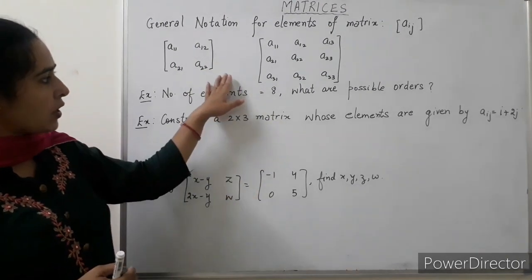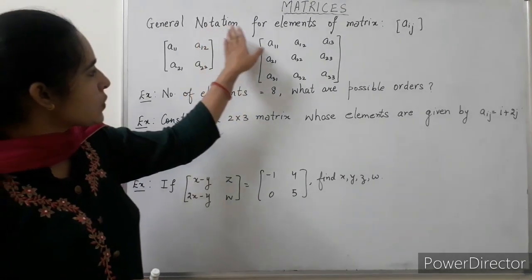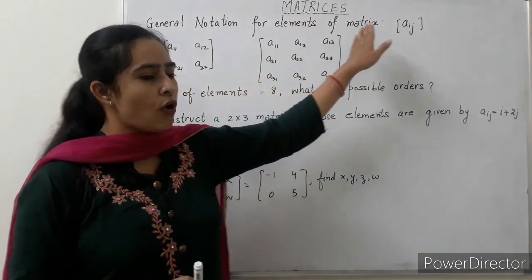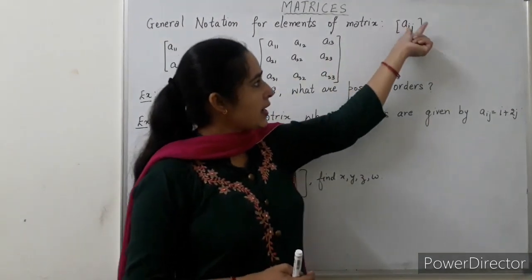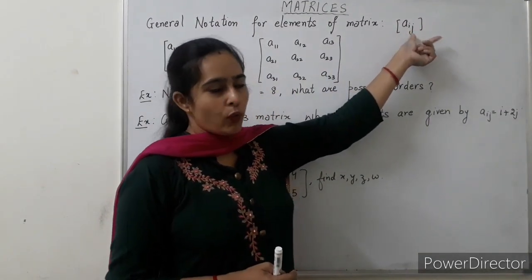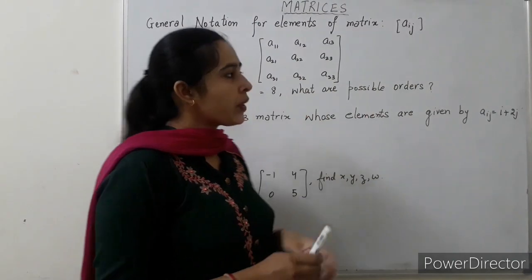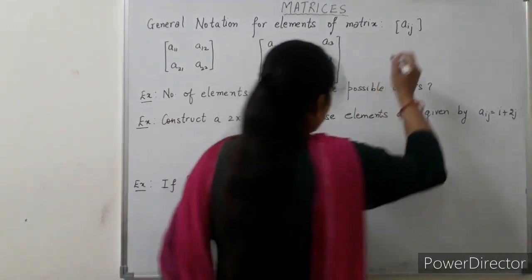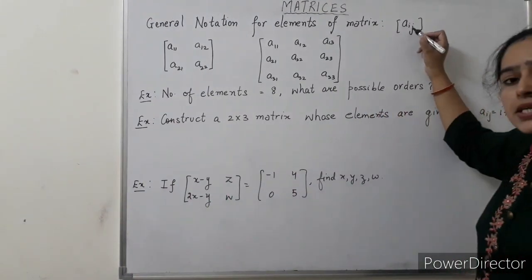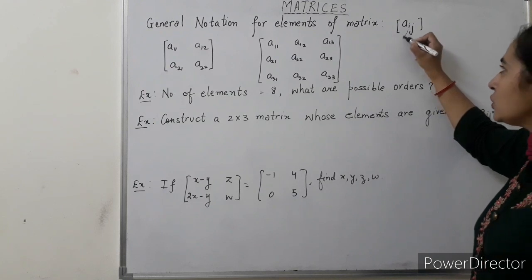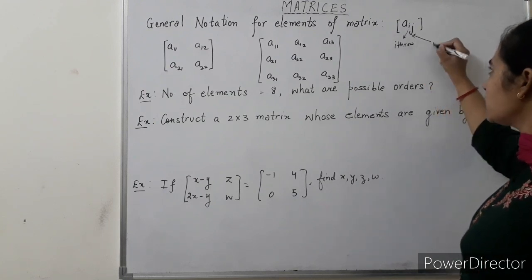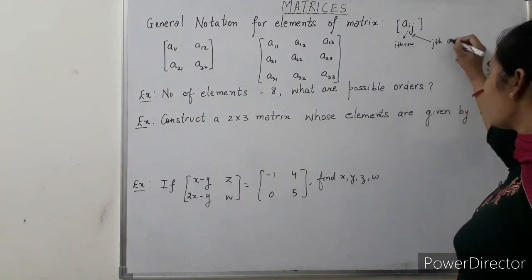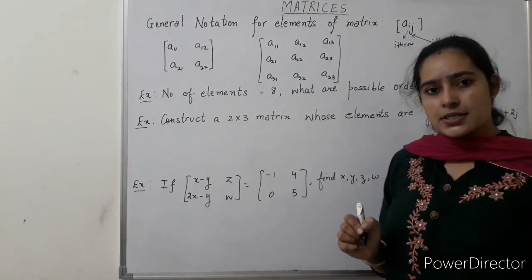Now first of all, we shall learn the general notation for elements of a matrix. Its general notation is Aij. Now what is Aij? Aij is the element in ith row and jth column of the matrix.